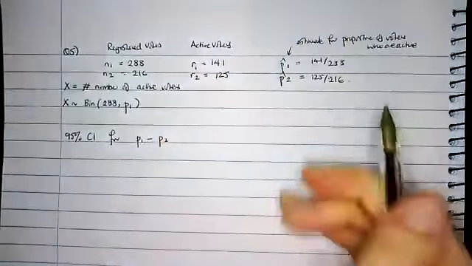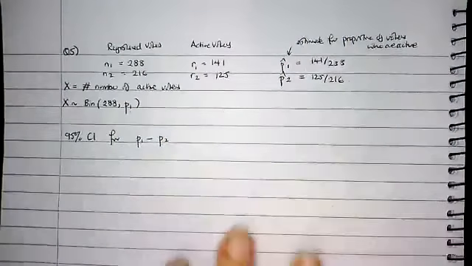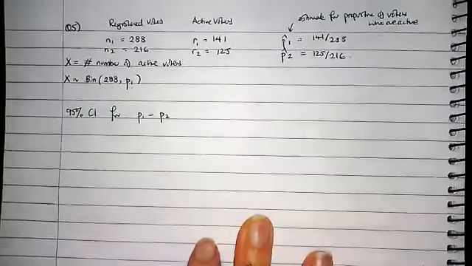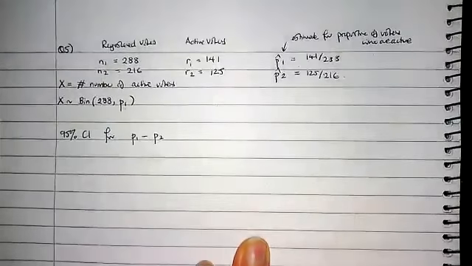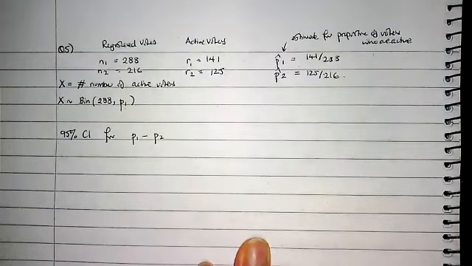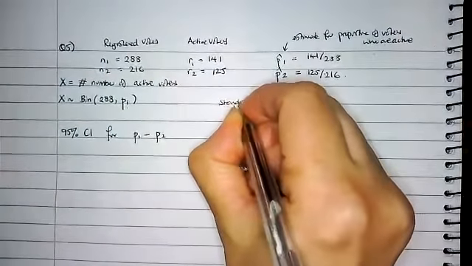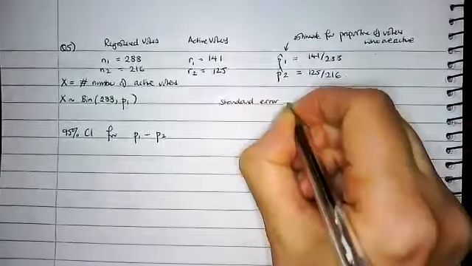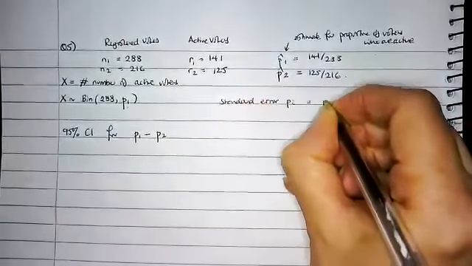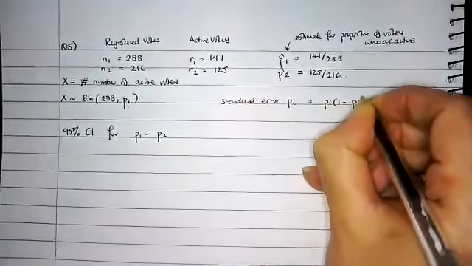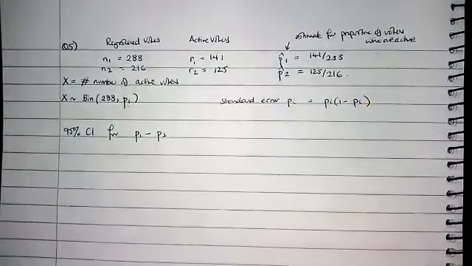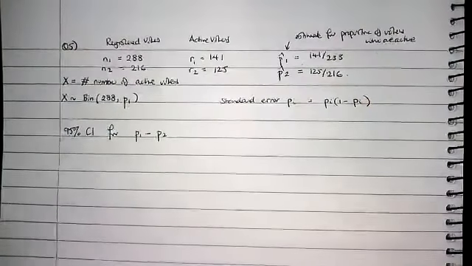The other thing that needs to go into the formula for the confidence interval is the standard error of the p hats. The standard error is going to have the form p hat times 1 minus p hat. I think it's covered in question 1, and that's to do with what the variance of the binomial distribution looks like.